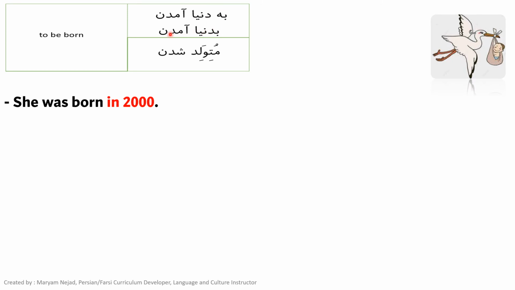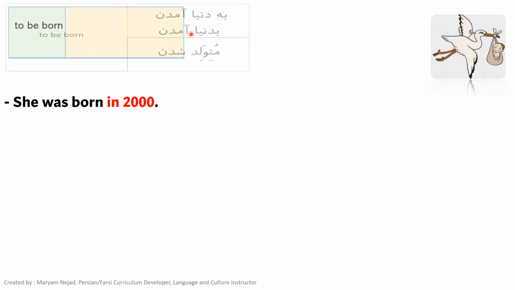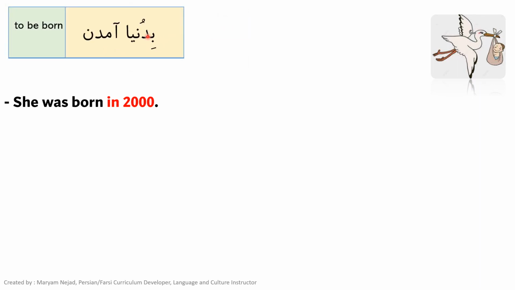What is the literal meaning of that? It means toward, to come. Dunya means the world. There's another one that we also use, متولد شدن. I think this one sounds easier. So let's go with this one and we're going to use this version. به دنیا آمدن.